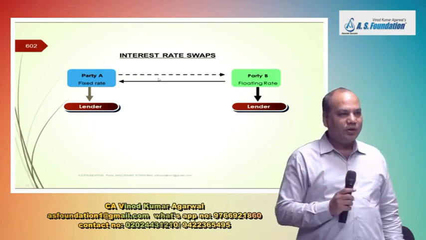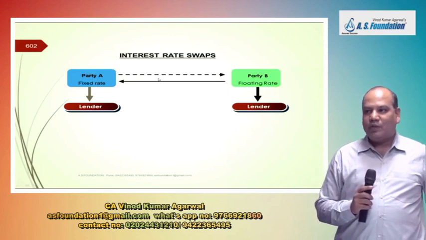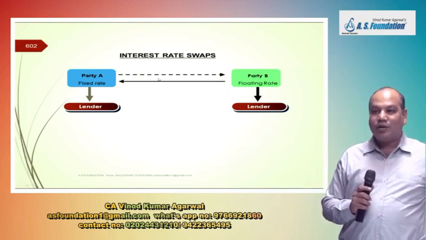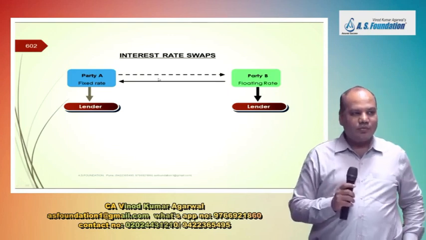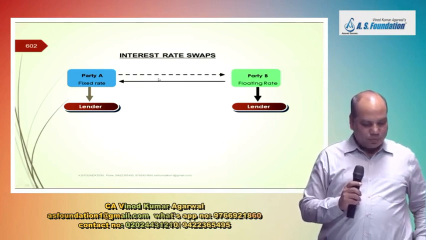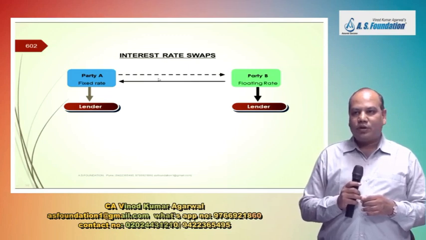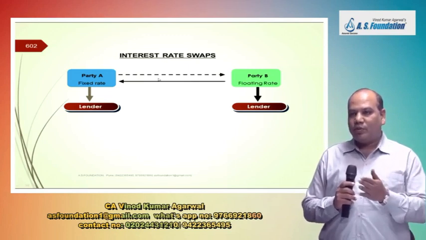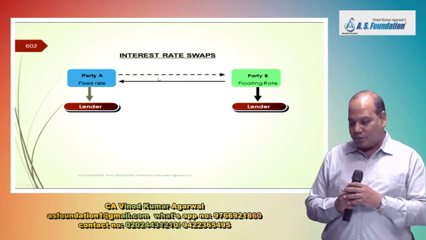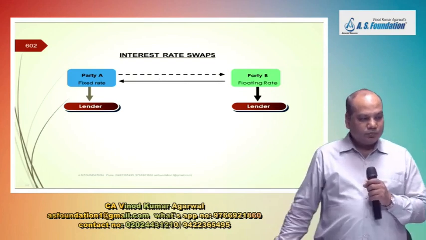Interest rate swap is a derivative. Its fair value also changes as the market rate of interest changes. Okay, so these are the entries you will have to pass. In one small example, number 55, we are going to understand how the entries will be passed in case of interest rate swap.